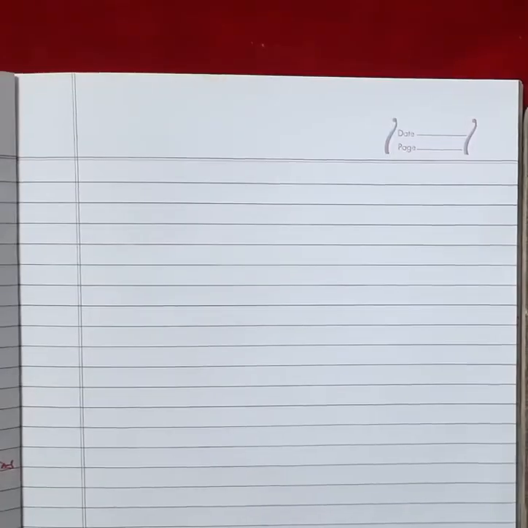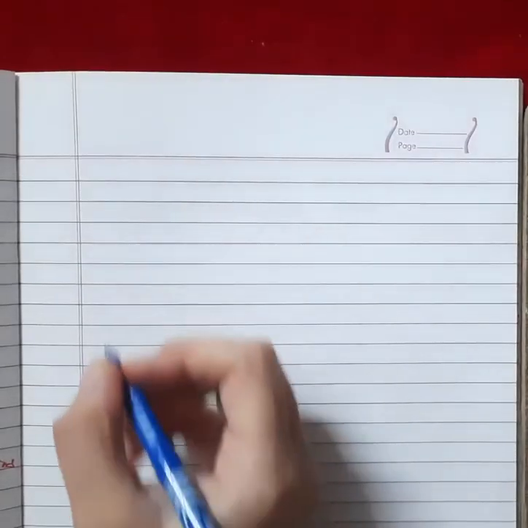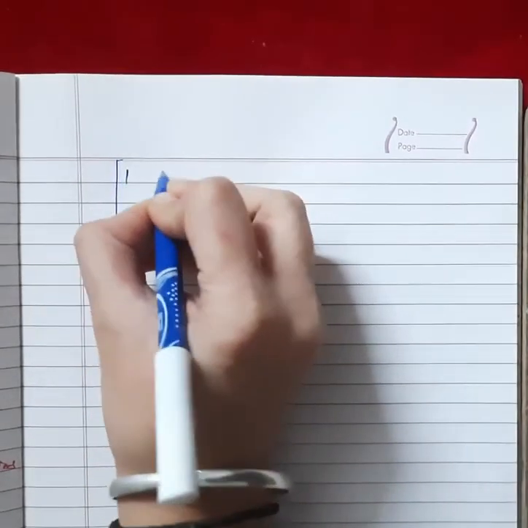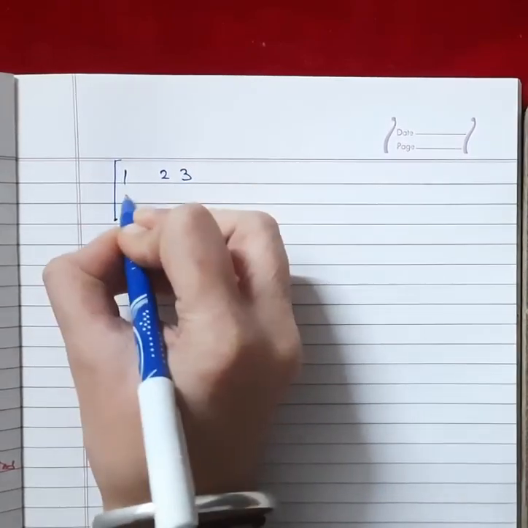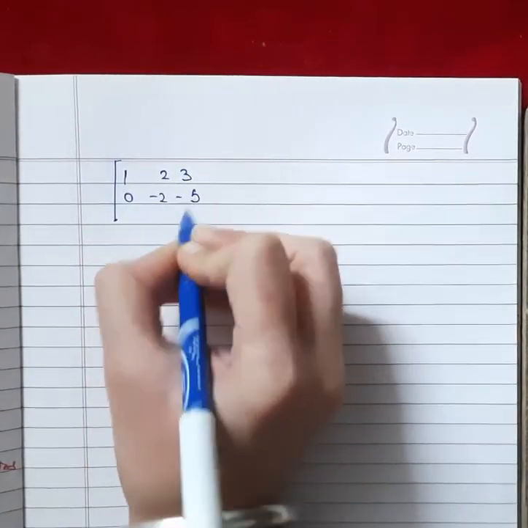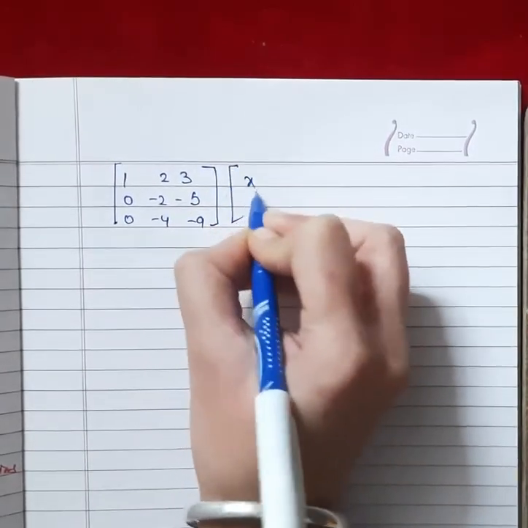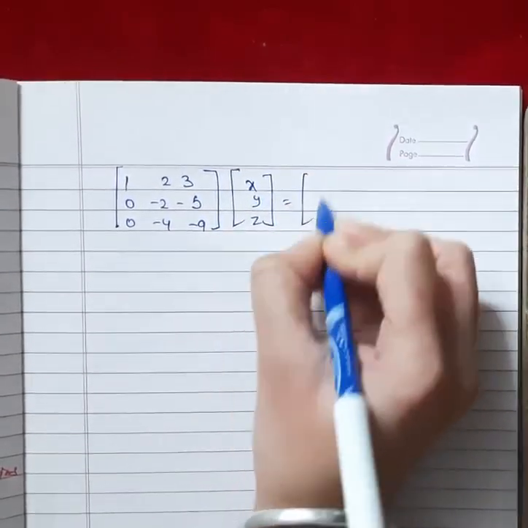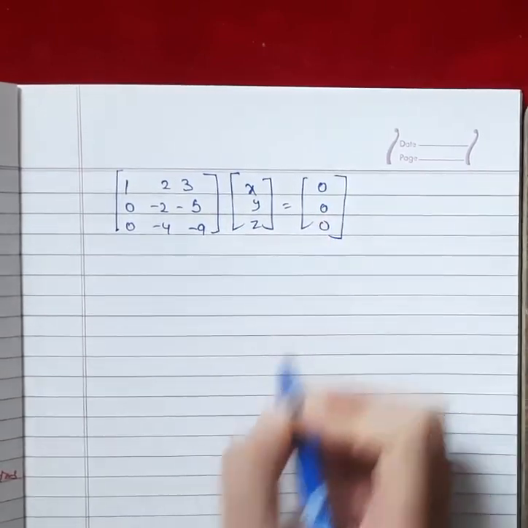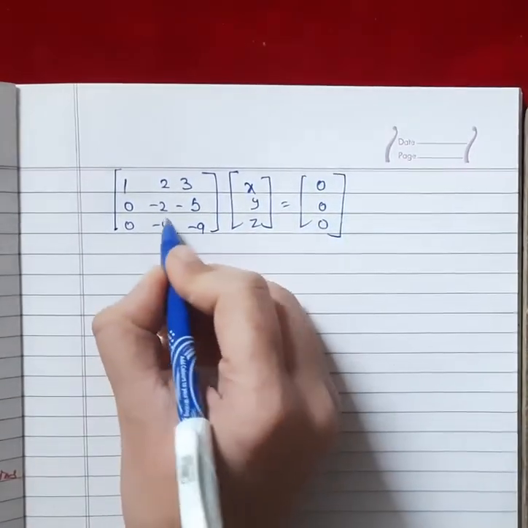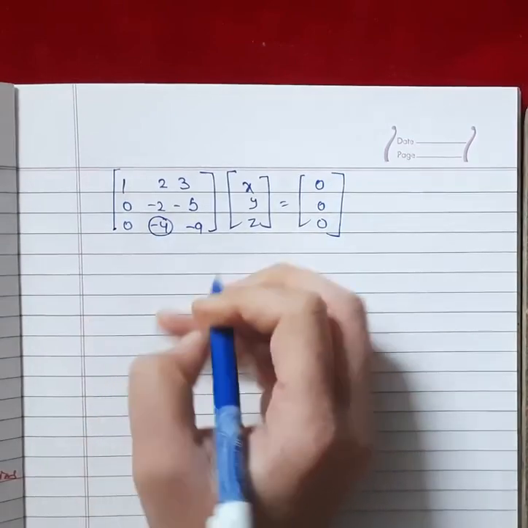What we will get here is that the system becomes [1, 2, 3; 0, -2, -5; 0, -4, -9] times [x, y, z] equals [0, 0, 0]. Now the next target is to convert this -4 to 0.